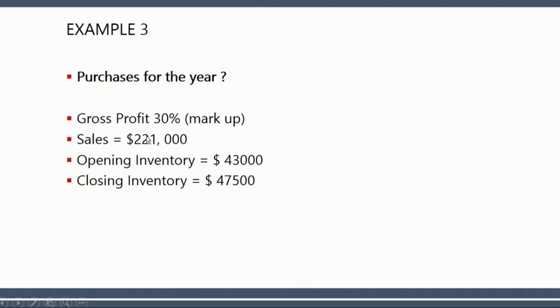This is total sales value and there is a 30% markup. So you can find out cost of sales, and then you will have cost of sales, opening inventory, closing inventory. We can easily find out purchases because we remember that formula, that cost of sales is equal to opening inventory plus purchases minus closing inventory. So once we find out our cost of sales, purchases would be easy.